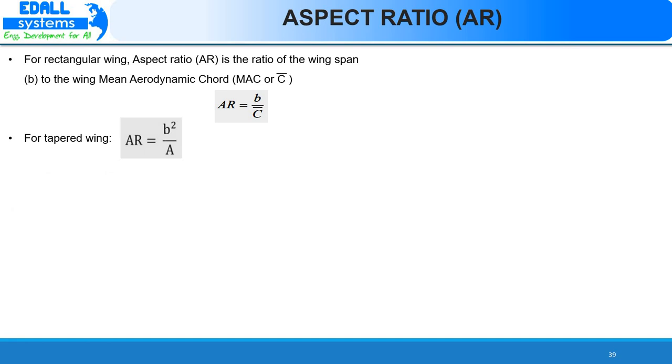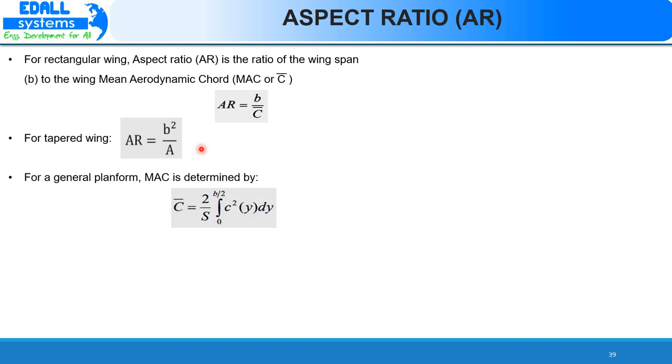For a tapered wing, aspect ratio AR equals B square divided by S, where S is the wing planform area. For a general planform, mean aerodynamic chord is determined by C bar equals 2 divided by S, integration of 0 to B by 2 of C square Y dy.